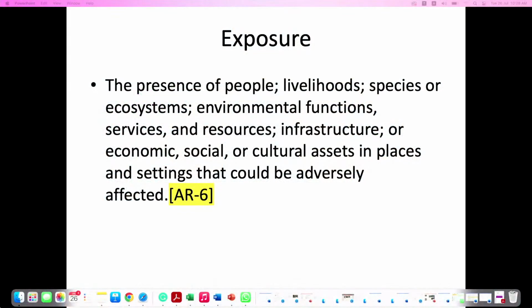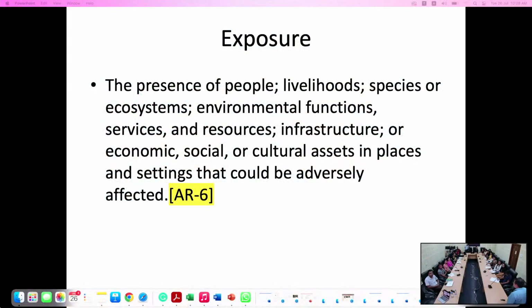So, as I said, by exposing yourself or by presenting yourself to too much of a hot sun, right, you are getting yourself exposed to the possibility of a heat stroke, right. So, it means something that could affect you, right.